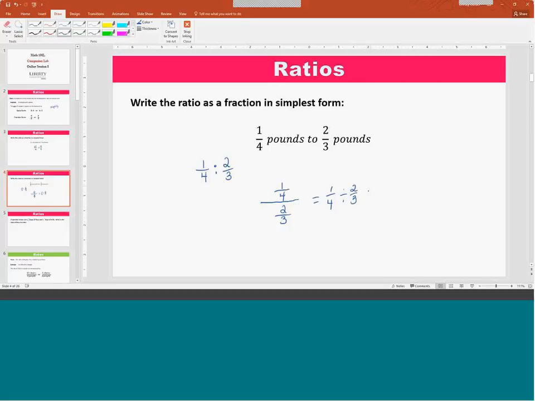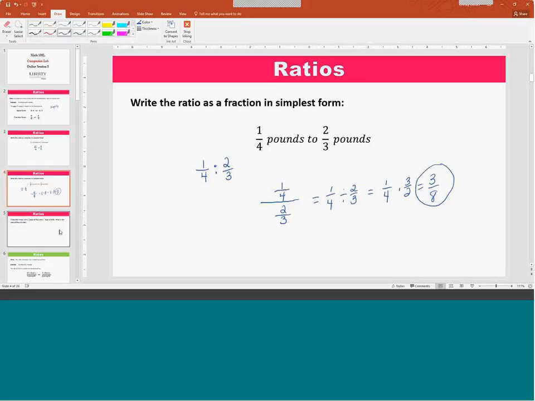Remember, all the way back to Module 1, to divide fractions, we invert and multiply. 1/4 times 3/2, and multiplying, we get 3 over 8. So simplified, 1/4 to 2/3, or 1/4 over 2/3, is 3/8. This is the simplified fraction form of this ratio, 1/4 to 2/3.